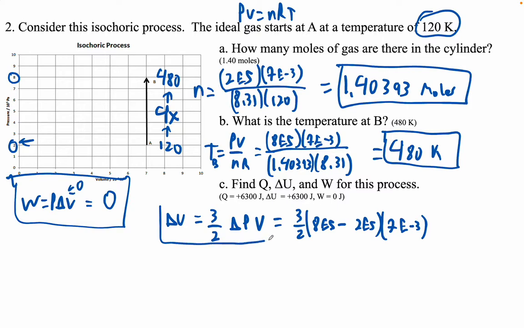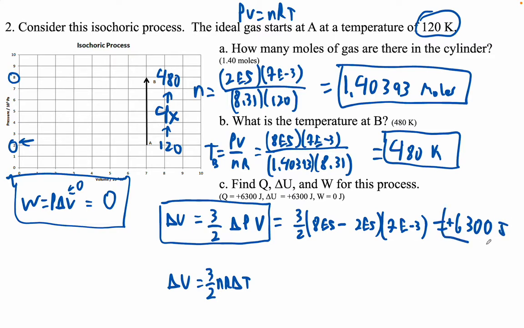It's not in the data packet, but there it is, right? You can also do 3/2 nR delta T, and I'll show you this too. But let's try this. 3 divided by 2 times left parenthesis 8E5 minus 2E5 right parenthesis times 7E minus 3. And I get that it's exactly 6,300. And the fact that it's positive means that it's a gain in energy, right? So this is our delta U.